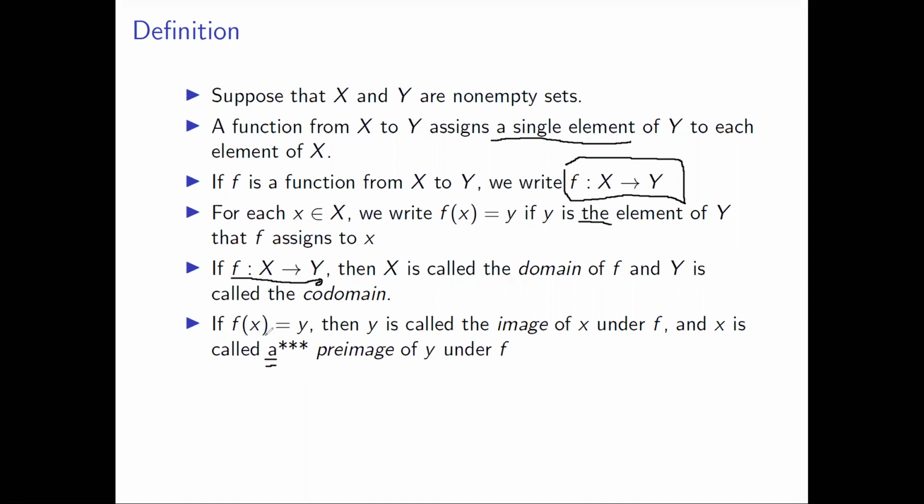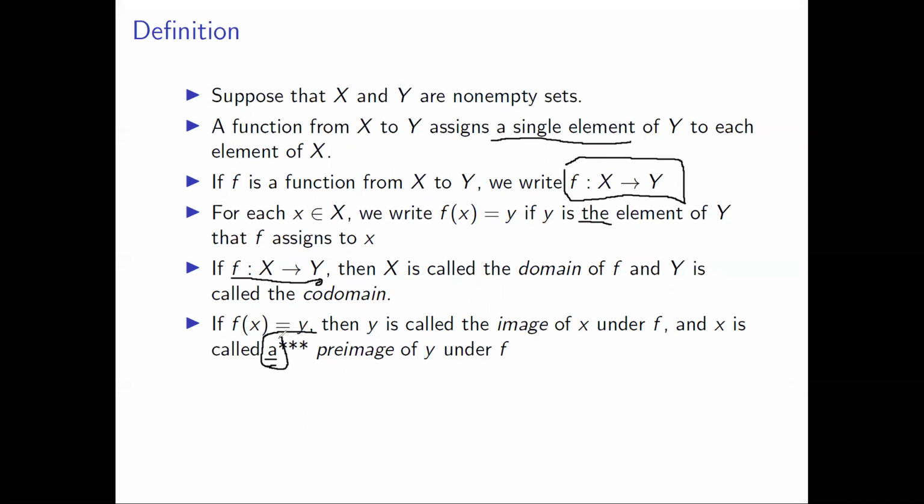If we have f of little x equals little y, where little x is some element of big X and little y is some element of big Y, then we call little y the image of little x under this function f, and we say that x is a preimage of y under f.